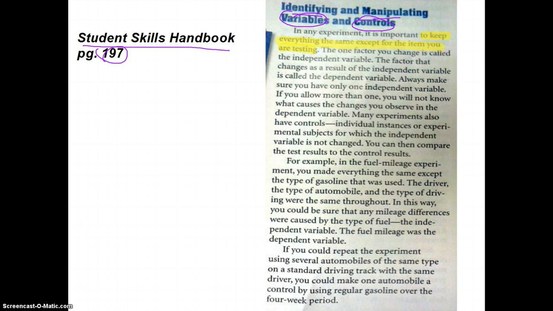The next thing that it says is one factor that you do change is called the independent or experimental variable. The factor that changes as a result of the independent variable is the dependent variable. So those are the three, and you can review that again on page 197 like we did in class.